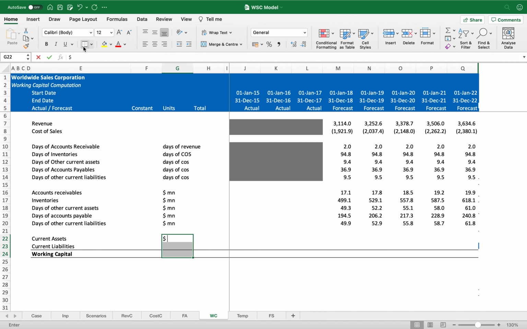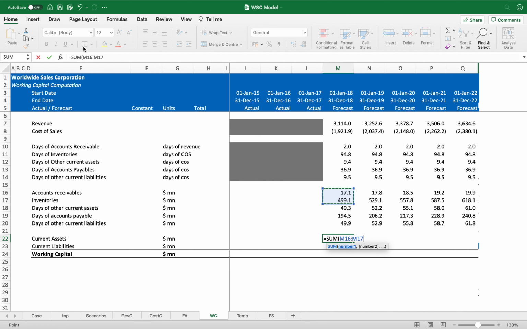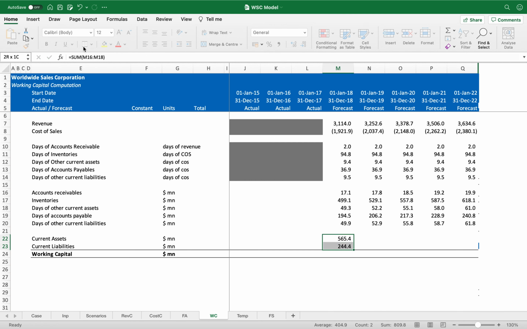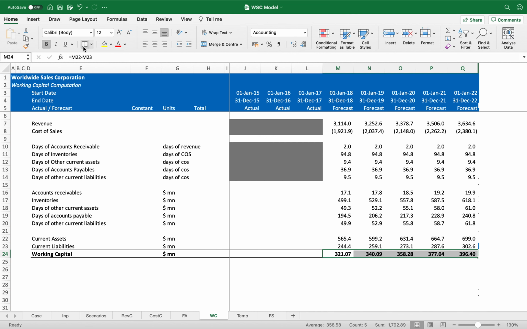Of course, in millions. Current assets is accounts receivable plus inventories plus other current assets, and current liabilities is payables and other current liabilities. So working capital is current assets minus the current liabilities.